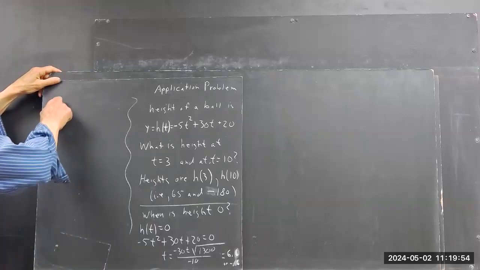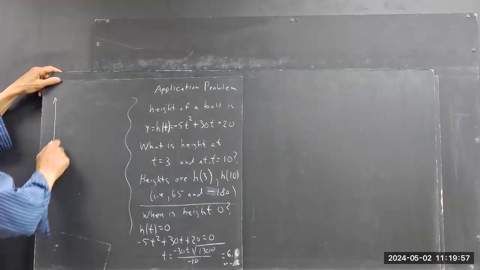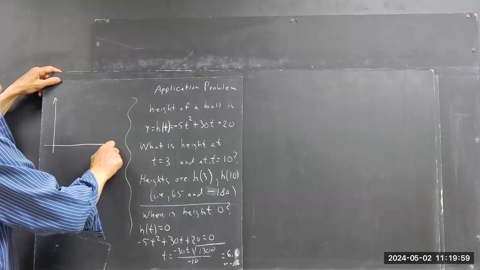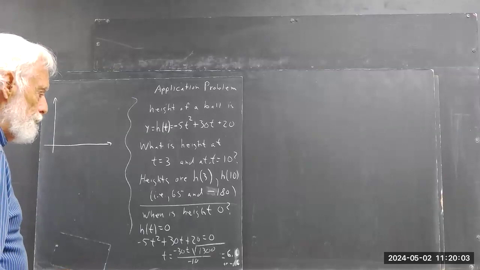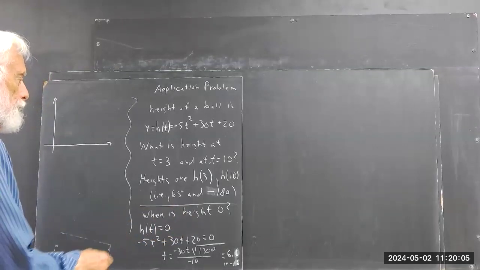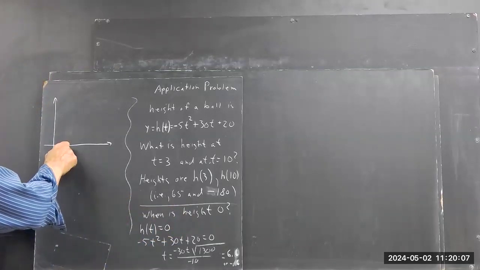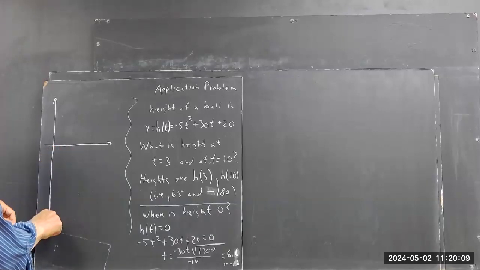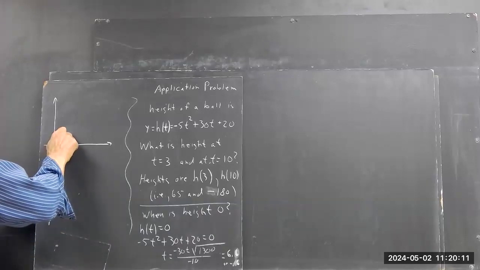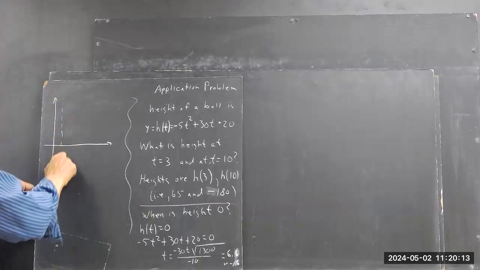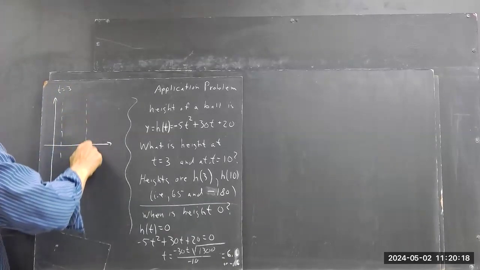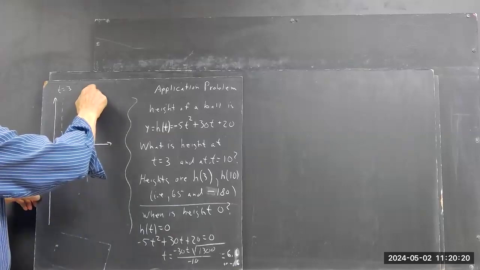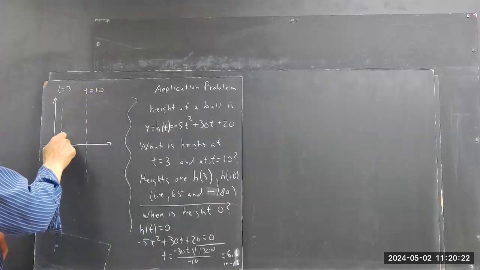So if we do a graph, we've got several points that we put on the graph. We could put the point (3, 65). We better have a lot of negative numbers here. Okay, so let's just say that here's t is 3, and then out here is t equals 10.